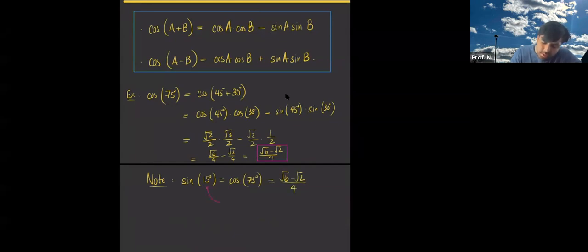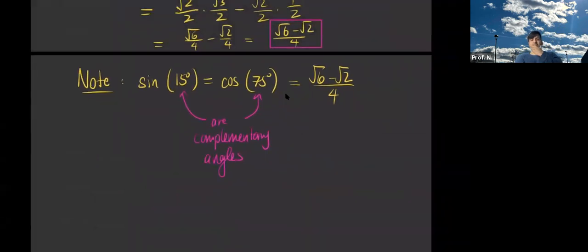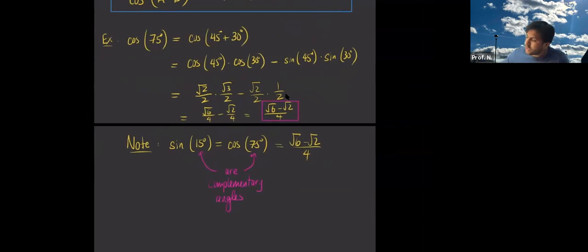And you notice that 15 and 75 are both complementary. They're complementary angles. Okay. So that's pretty much using the sum and difference formulas for cosine and sine.